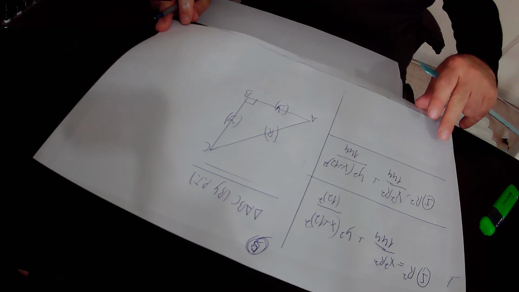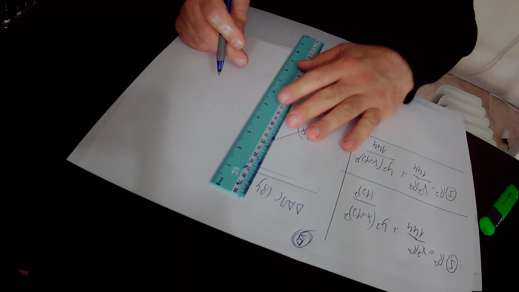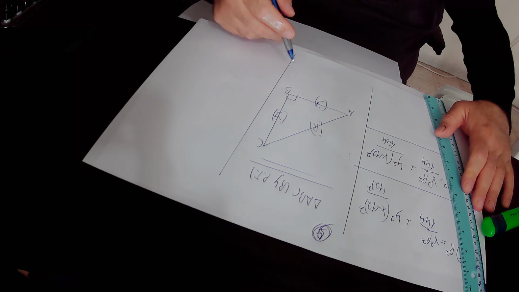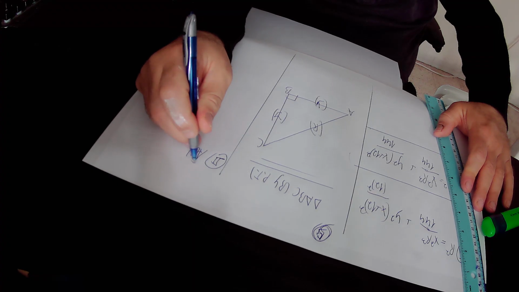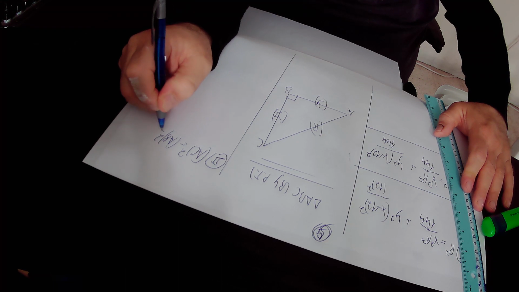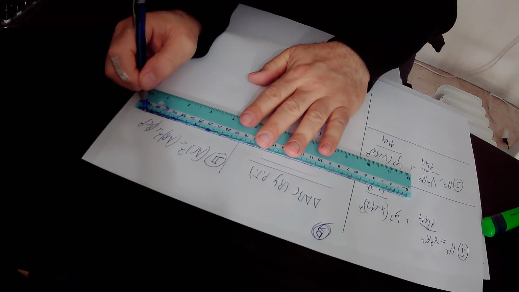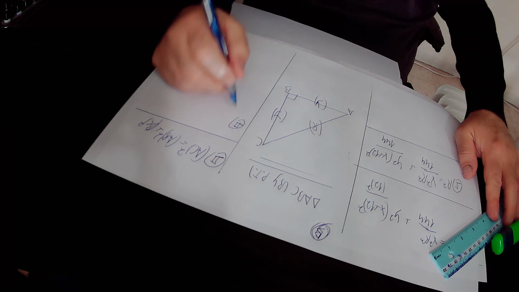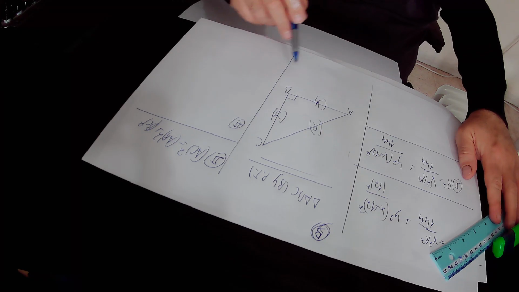According to the Pythagoras theorem, on this right triangle ABC, AC square equals AB square plus BC square.